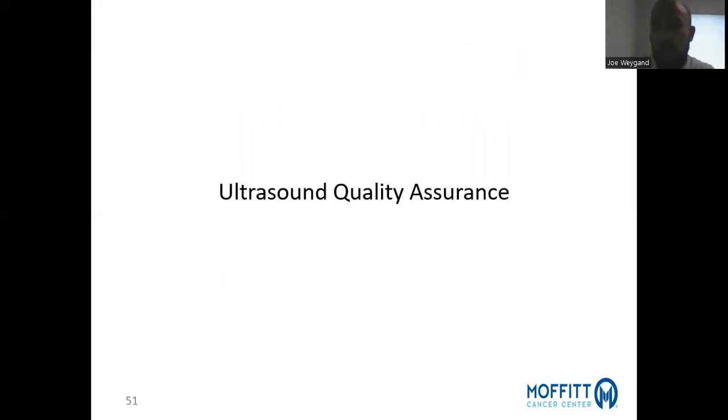So the last topic we're going to discuss is quality assurance in ultrasound. In any imaging modality, quality assurance is very important to make sure that the imaging system is properly representing the anatomy of the patient and that the performance of the imaging system is not degrading over time.